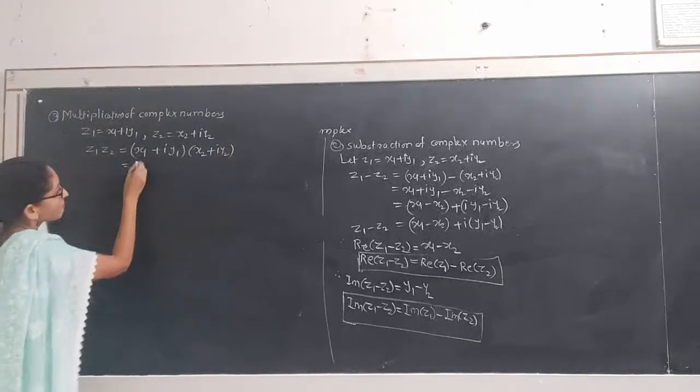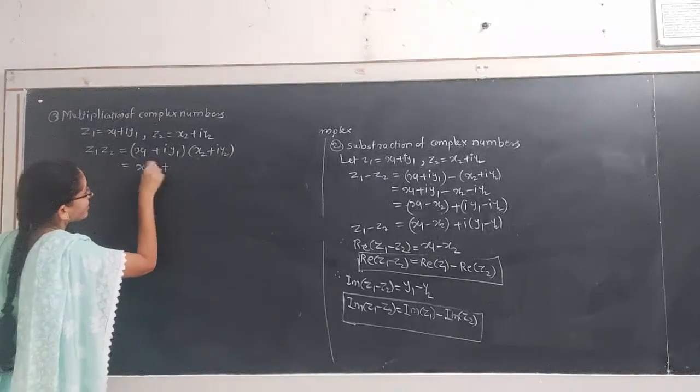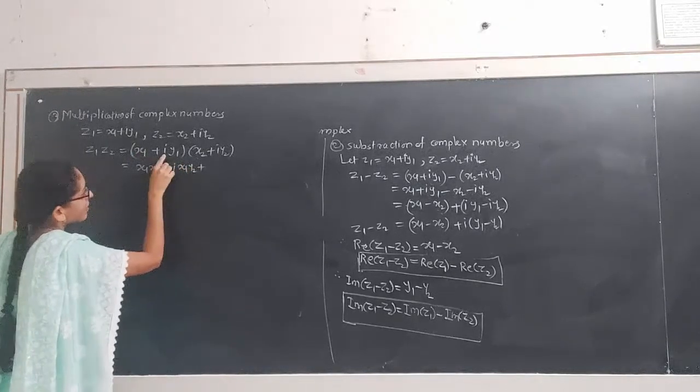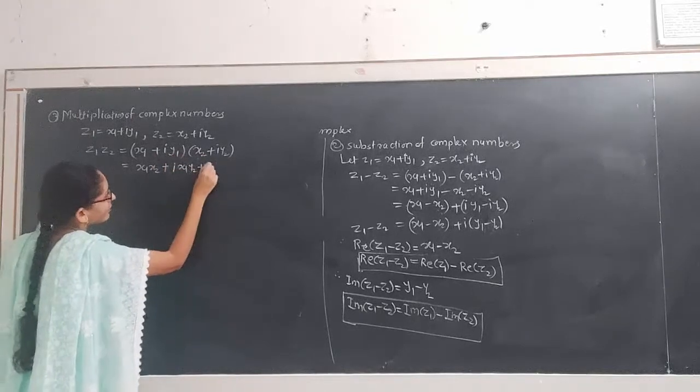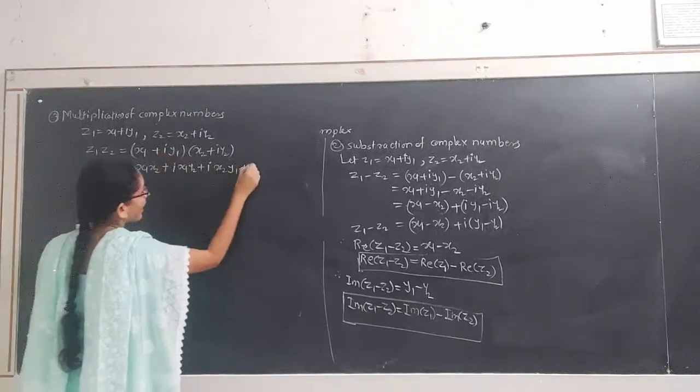The multiplication is term-wise: x1 x2 plus i into x1 y2 plus i into x2 y1 plus i square into y1 y2.